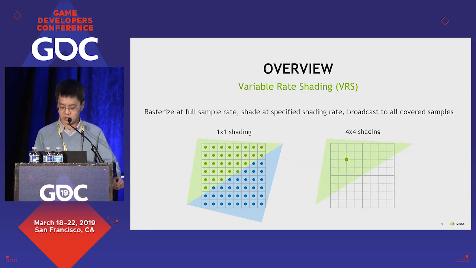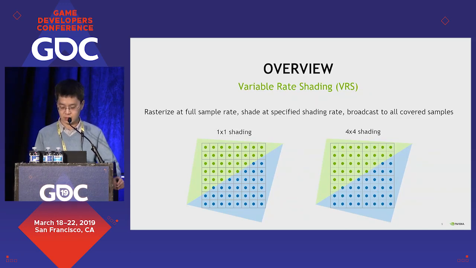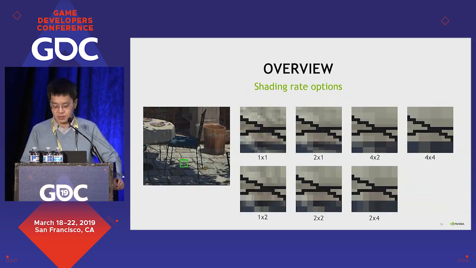In this mode, the GPU will shade once in the center of each 4x4 pixel tile, and then broadcast the result to all covered samples in that region. Other than that, all visibility calculations like coverage or depth test are done exactly the same as in the 1x1 case. Also note that in some cases the shading location might be outside the triangle. I'll talk about that special case in a few slides later.